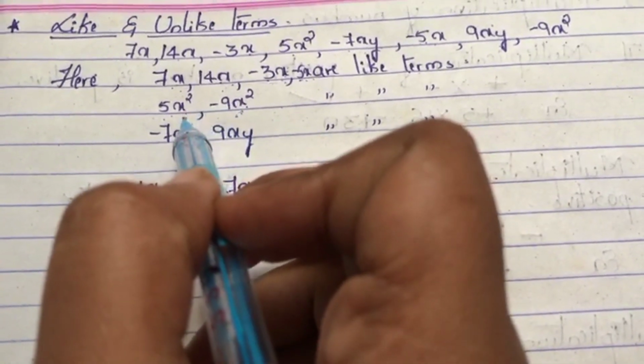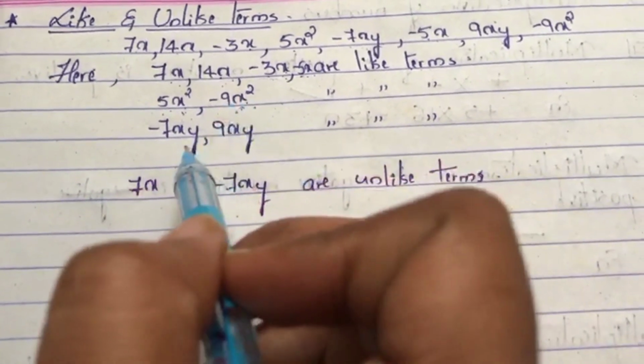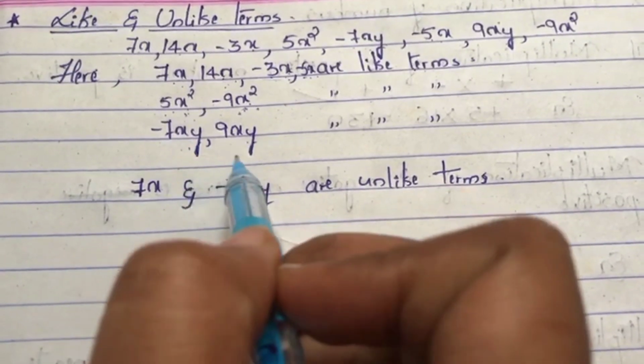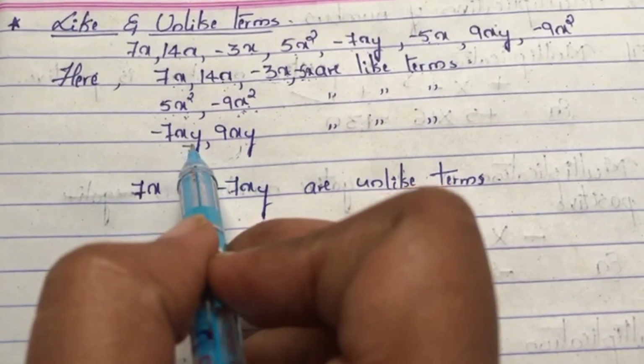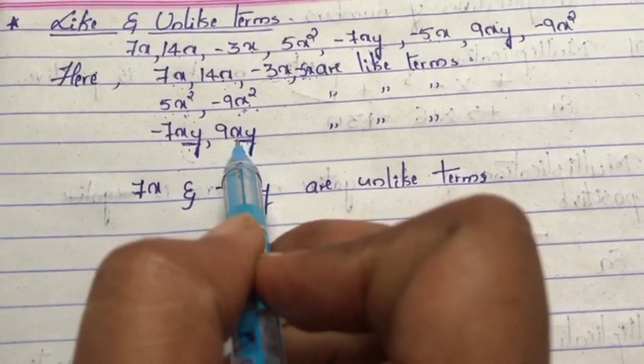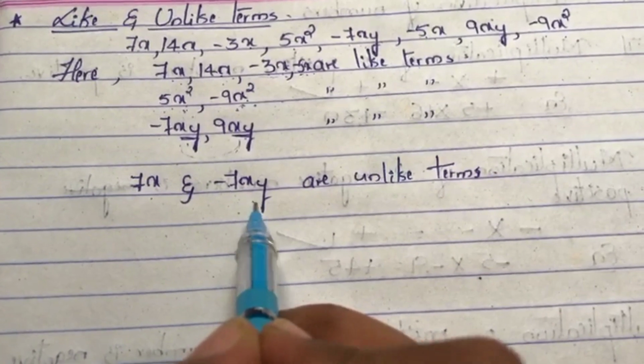Here minus 7xy and 9xy are also like terms because both have the same variables. You can compare 7x and minus 7xy.